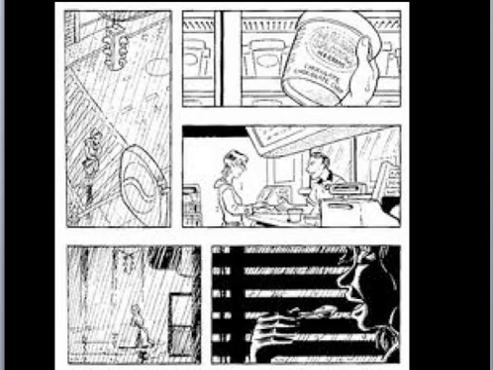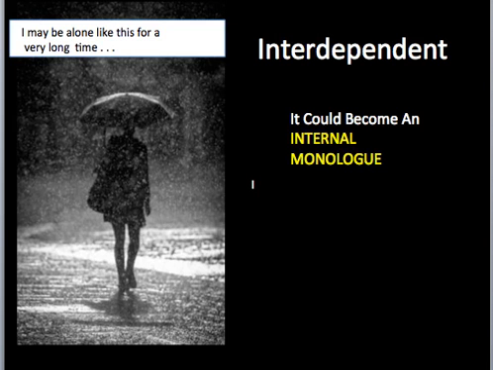So we see the rain. We see her walking in the rain. We see her picking up the pint of ice cream. We see her at the counter making that transaction, and then we see her eating the ice cream. So we know it's a simple story of someone eating ice cream, but what else could be going on here?